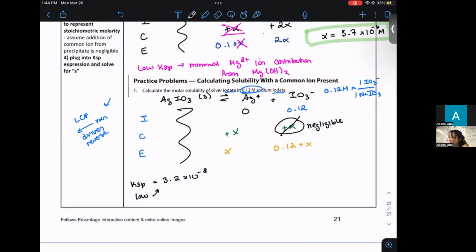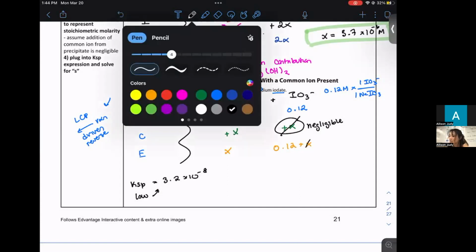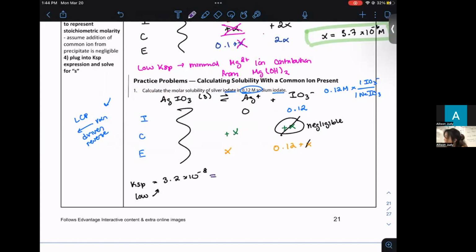So what we're going to say then is since that's negligible, that means we can calculate. With the 0.12, yes, 0.12 comes from the fact that we have 0.12 molar sodium iodate.